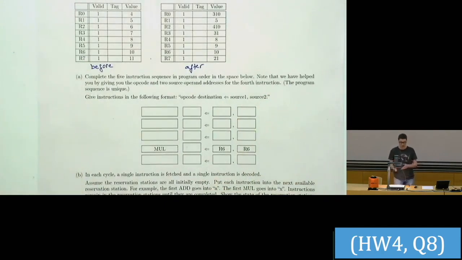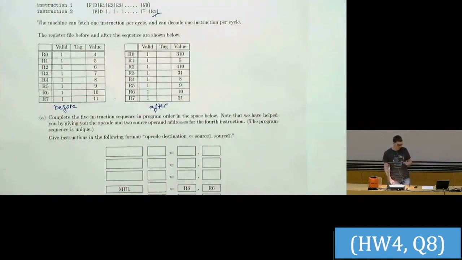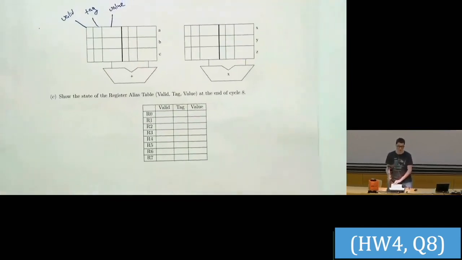But basically here the decoding operation consists of allocating an entry and filling the entry in the register alias table. So you also update the register alias table, but you also update the reservation stations, right? So I can show you how it looks here. Probably this will remind you of the slides you saw in the class.